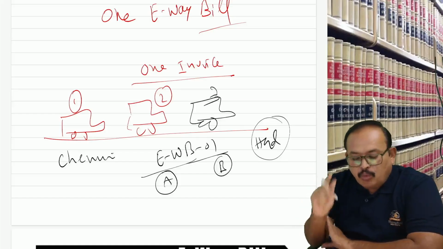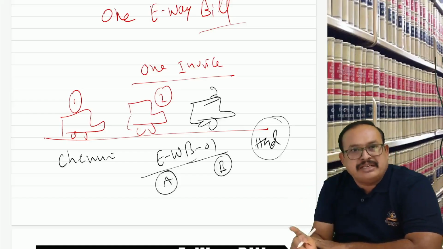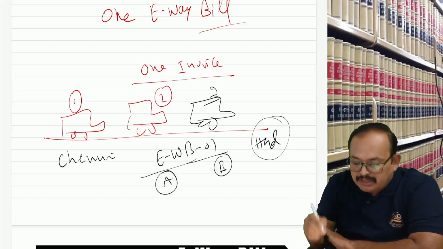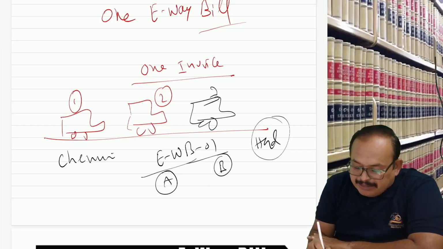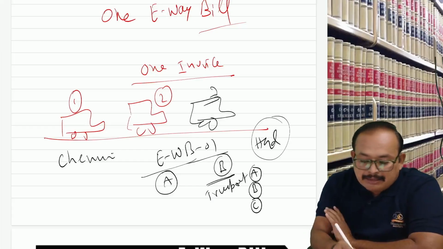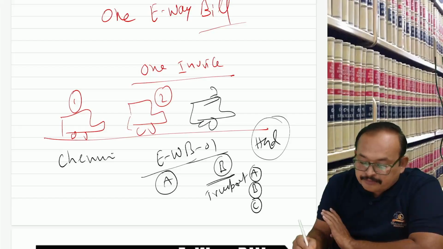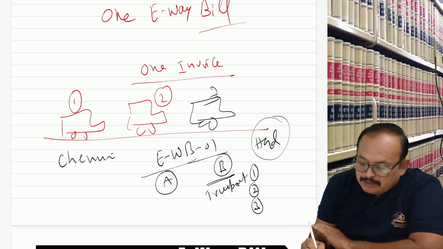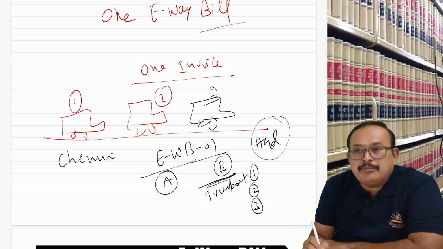Therefore, one e-way bill is sufficient. In that one EWB-01, you have to mention Part B. The details of transporter A, B, C, or transporters 1, 2, 3 should be appended in Part B.